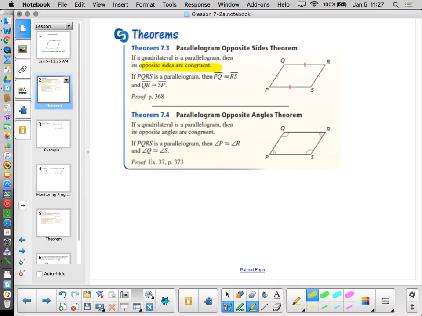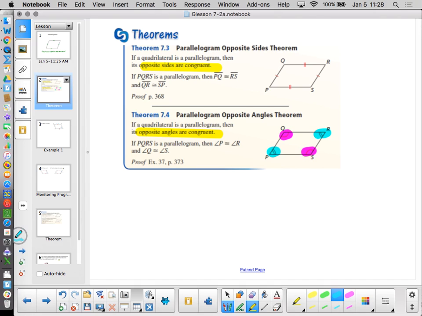It's nice. We also have that both pairs of opposite angles are congruent. Now that's a little bit different, but if we look at the picture here, angle Q and angle S are congruent, and angle R and angle P are congruent if that's a parallelogram.